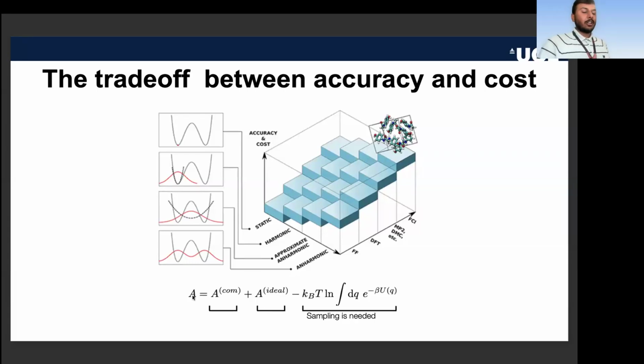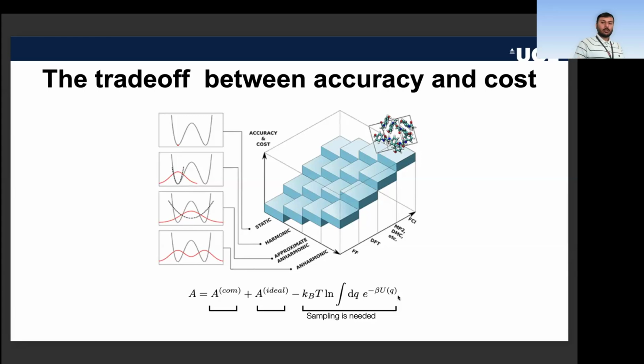If I were to assume that my nuclei are classical, I would get the following expression, where the first term is the free energy of the center of mass of the system. It's a trivial term. Then you have an ideal gas term, and all the non-ideal behavior is in this configurational space integral. Q here is the position, and you have to take an integral over the entire configurational space.